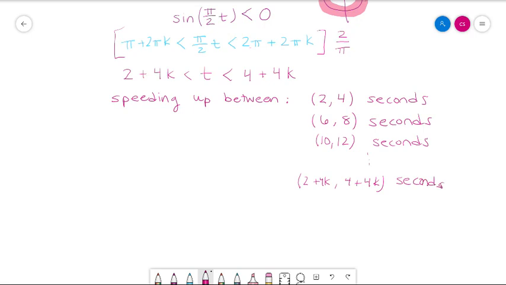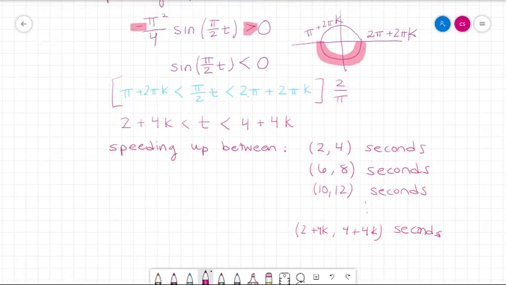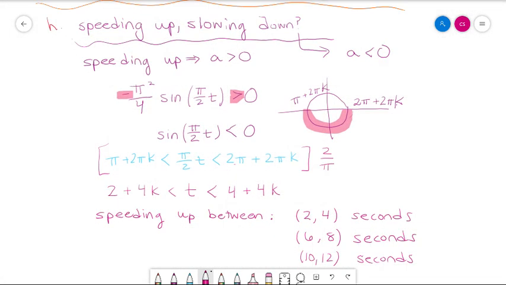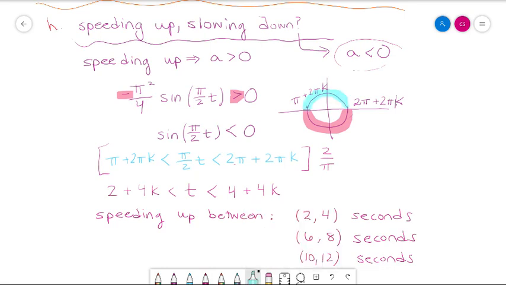There you go. And then we could do something similar for slowing down, right? Slowing down, we would want it to be just the opposite. So we'd want it to be on the upper half, right? So if it's not slowing down, it's speeding up. So essentially, it's just going to be the space in between our intervals.